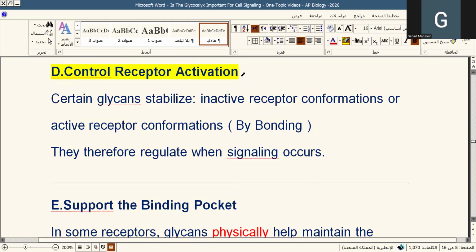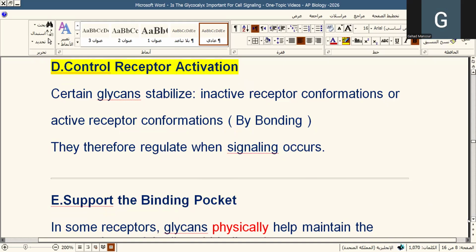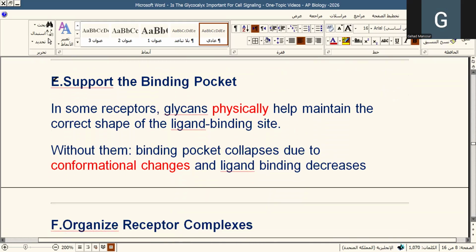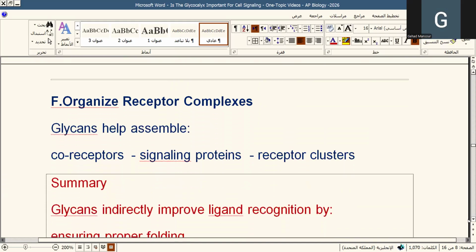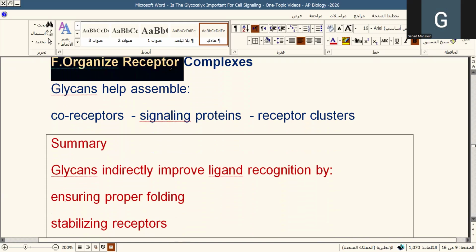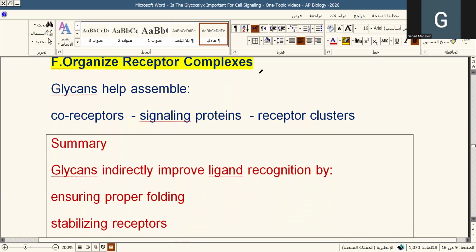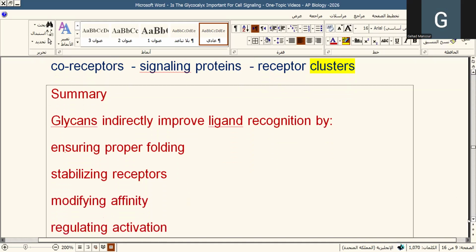If I bind with the protein to put the receptor in the correct shape, then I'm activating it. If I do the reverse, then I am inactivating it. So they support the binding pocket, which is the binding domain. And we've just explained the receptor complexes and how they form clusters of receptors in order to form vesicles to uptake a certain substance.